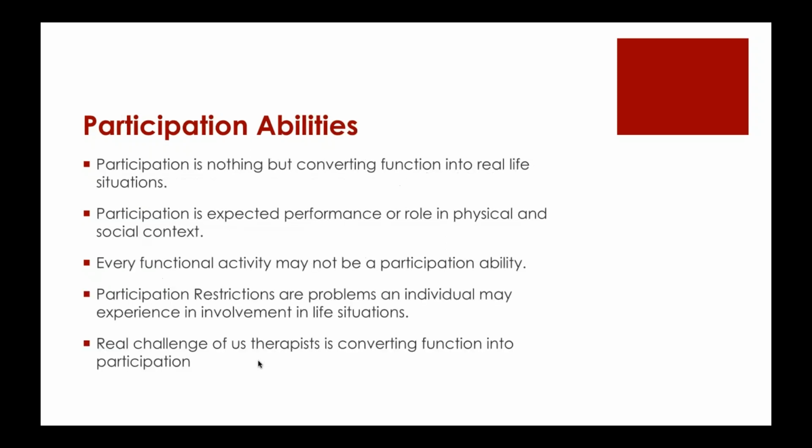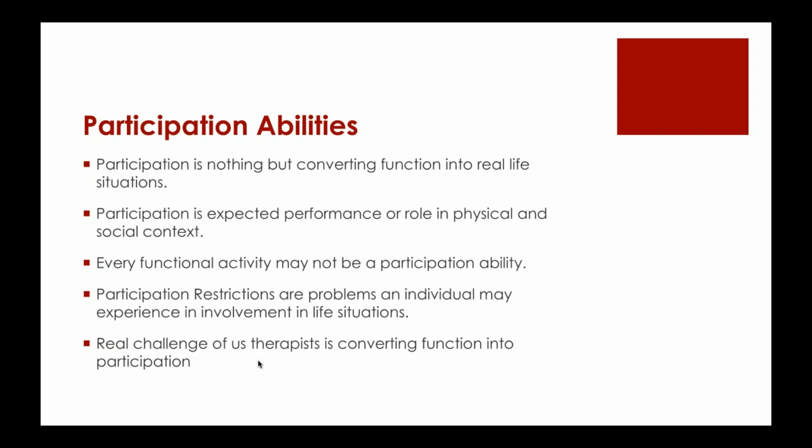Then you're going to look at your participation. Just because he could sit in the house or he could sit in a car with support, can he sit in school? That is participation. Can he sit in a bus going home or going to school? Can he sit with his friends in class? That is what it is. It is in the social context. Your goal setting also happens on the participation.